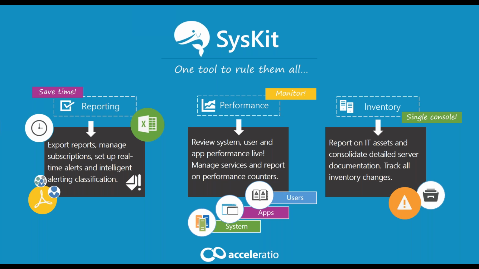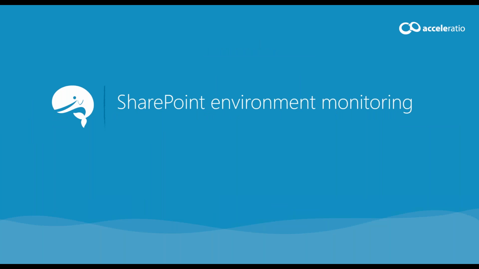And you can track them in real time and historically. Finally, I will mention the server inventory feature, which enables you to generate server documentation and track all system inventory changes. And now we get to today's topic.